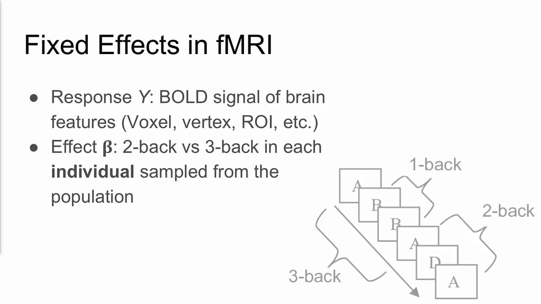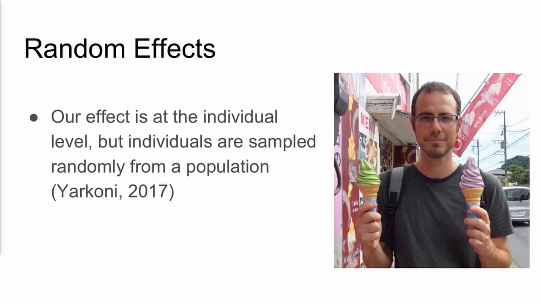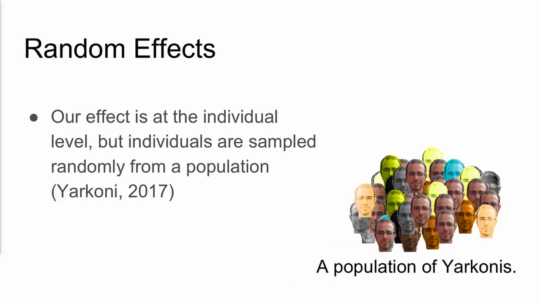But if you notice here, we're not comparing two populations anymore. We're comparing two sets of individuals sampled from a population. In that case, you've got your population, and your research subjects are randomly drawn from that population.